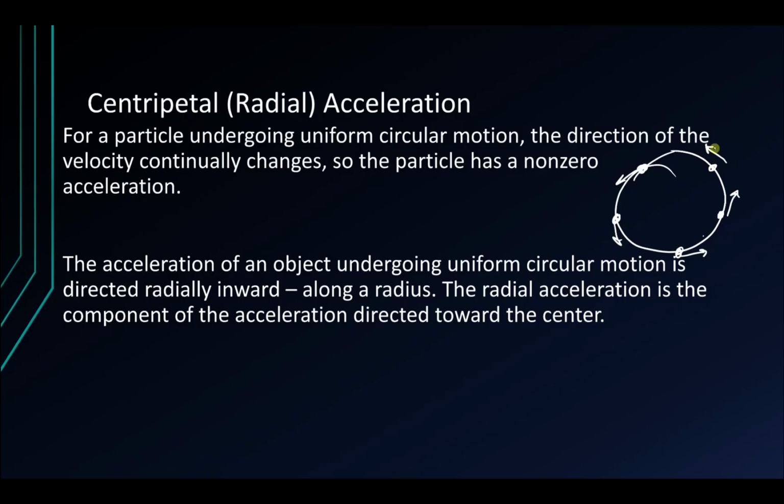And so if it's changing in directionality, it has to have some sort of acceleration, and we call that acceleration the centripetal acceleration. So our centripetal acceleration is going to be equal to the tangential velocity squared divided by r, where r is the radius of this circle. And it's going to be pointing inwards at every point along the path.